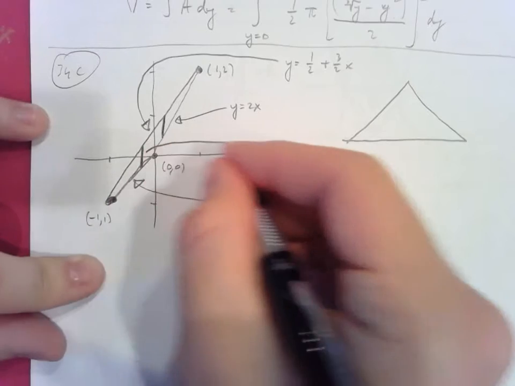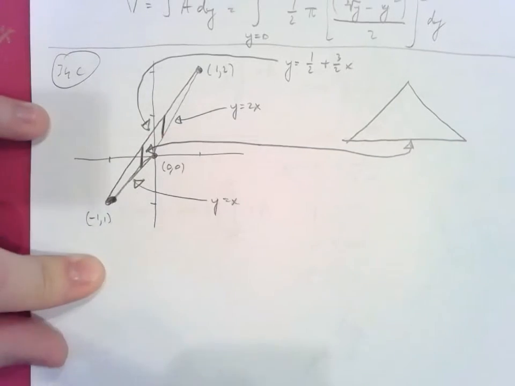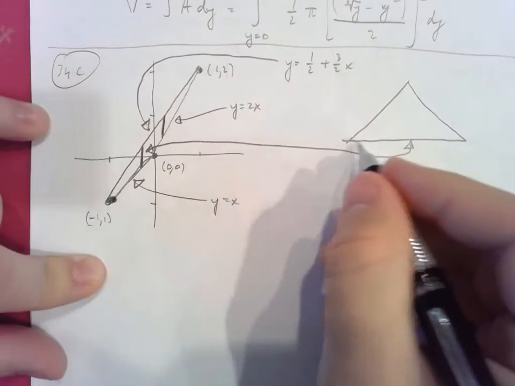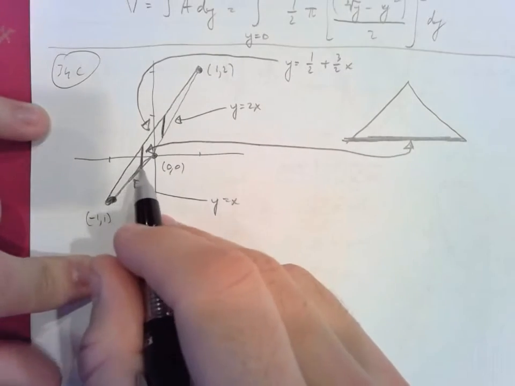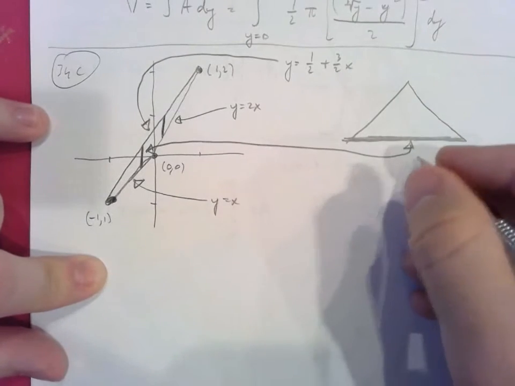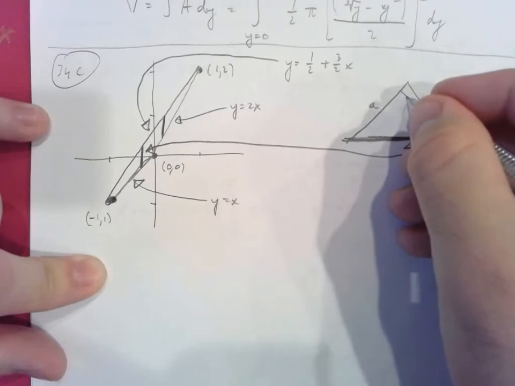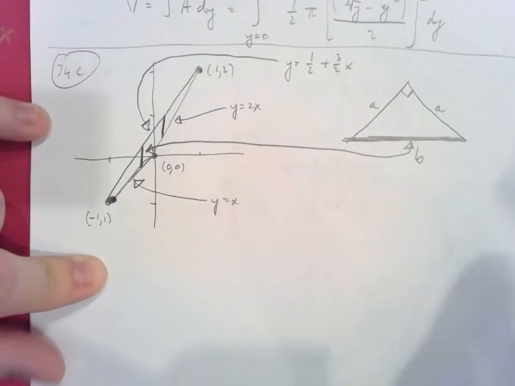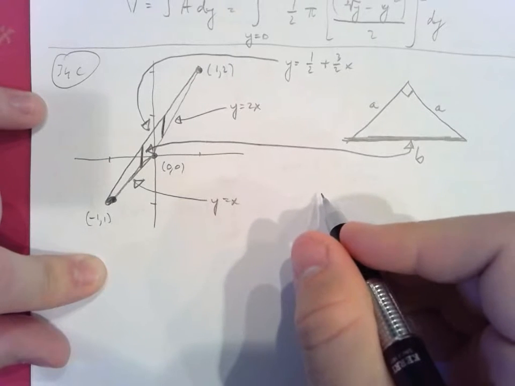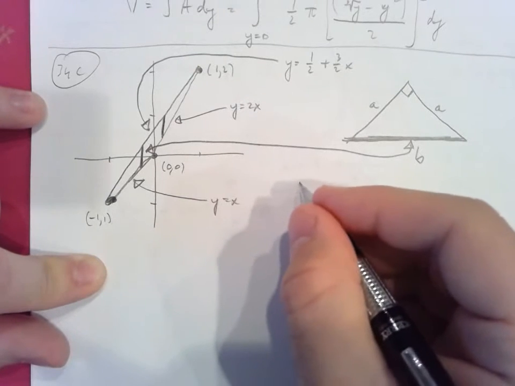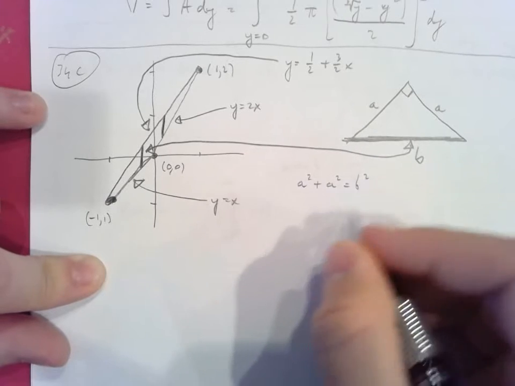So this right here is the base of the triangle, and I'm highlighting it here as I highlighted it in my drawing here for the cross section. Let's label that side B, and I need to compute the area of the cross section before I can do anything, right? So using the Pythagorean theorem, what do I have? I have that a squared plus a squared equals b squared.